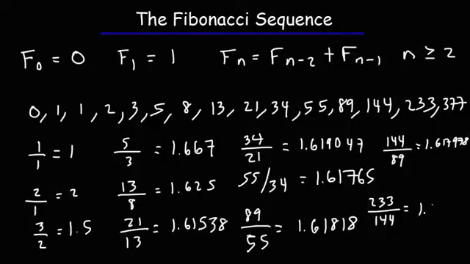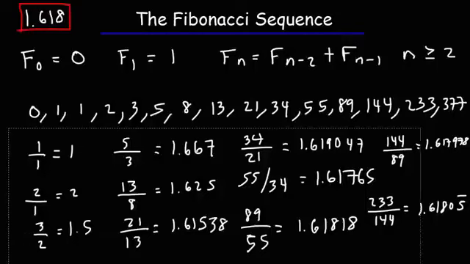This is 1.61805 repeated. So the golden ratio is approximately 1.618. That's not the exact answer, but it rounds to that value.